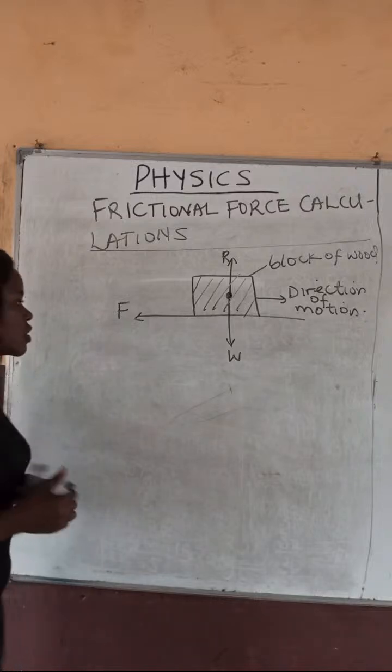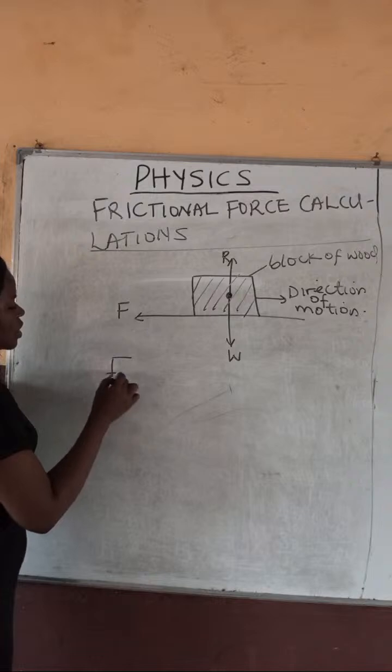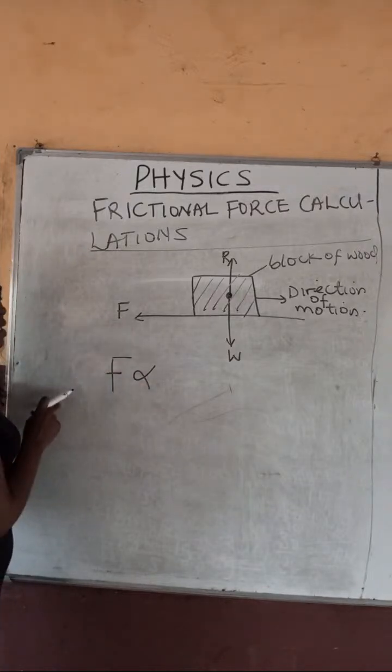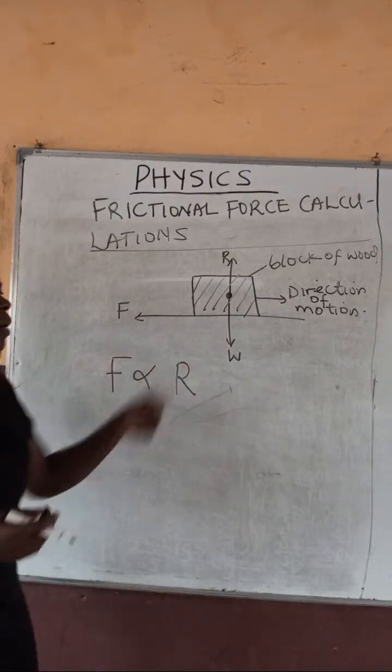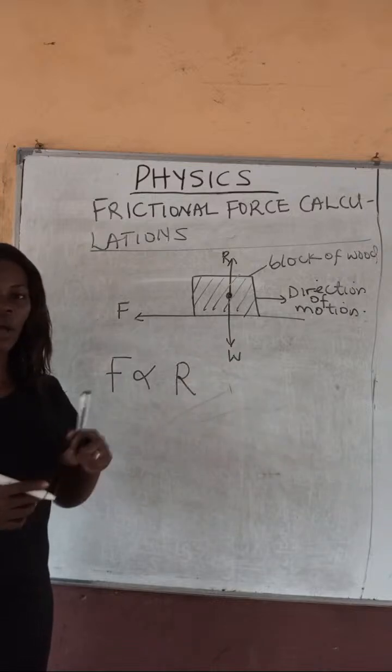So, from the law of friction, the frictional force, which is this, is directly proportional to the reaction force. And what is my reaction force? It's equal to the weight, but it's acting upwards.